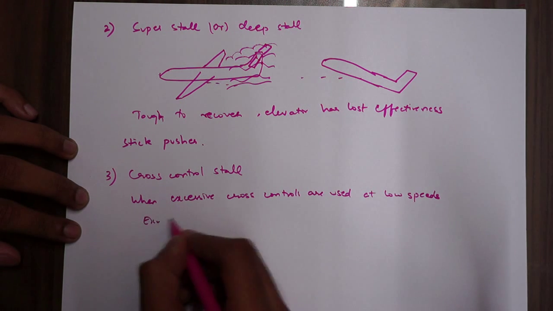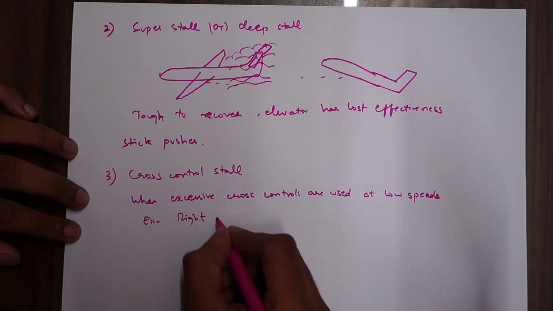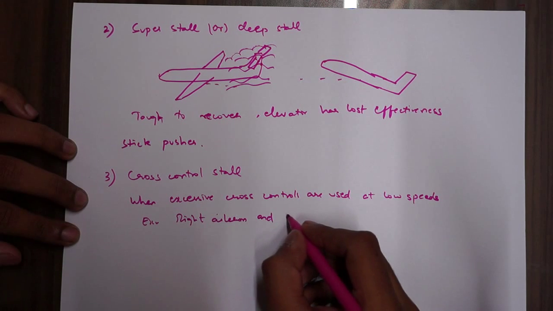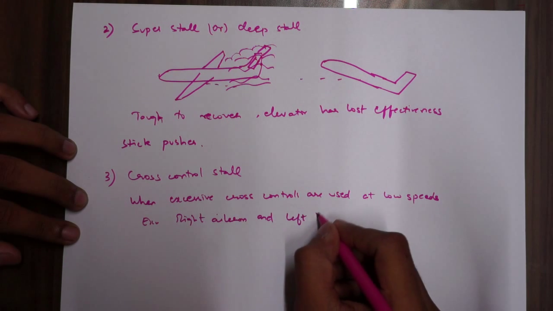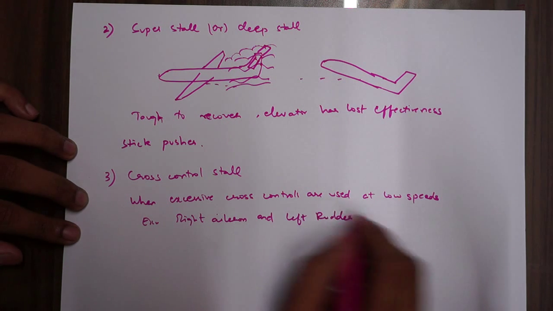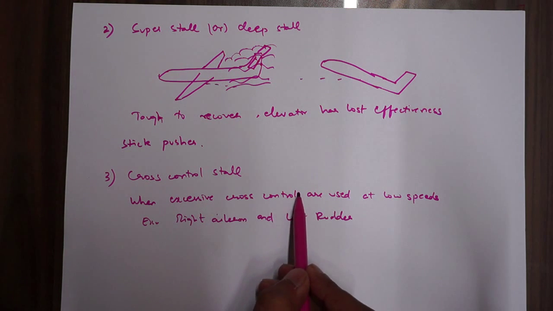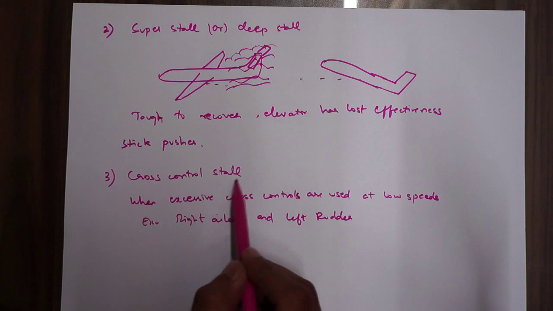Example, right aileron and left rudder, or any of the combinations basically. So when excessive cross controls are used at low speeds, the cross control stall occurs.